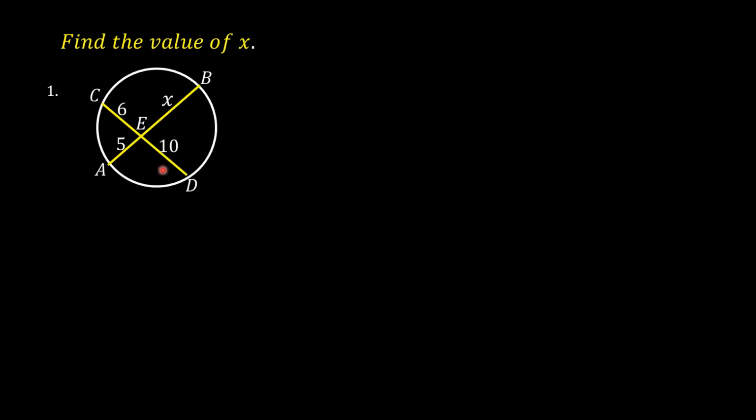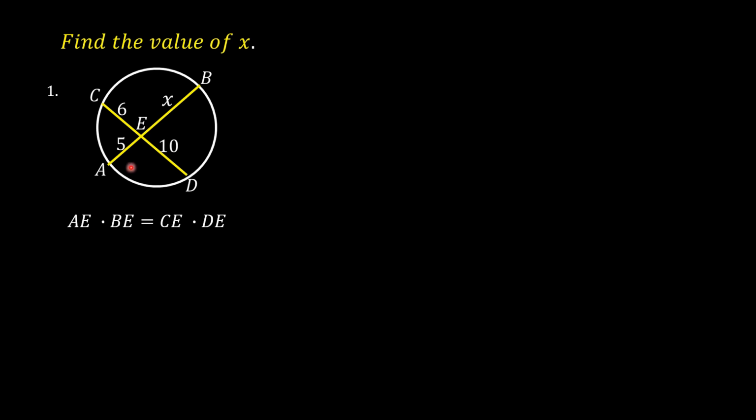Find the value of x. Number 1: in this circle, chord AB and chord CD intersect at point E, and point E is in the interior of the circle. So we can apply the chord chord power theorem.